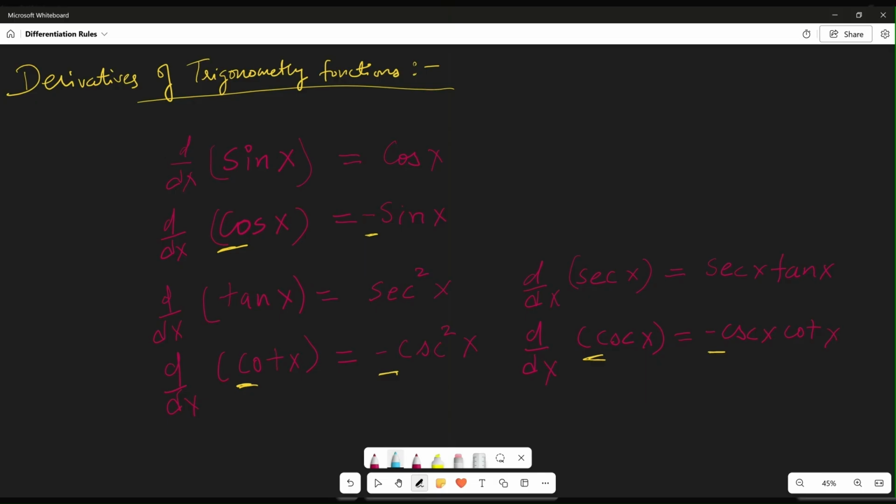And when it comes to memorizing these square ones, the derivative of tan x is secant square x, the derivative of cot x is negative cosecant square x.